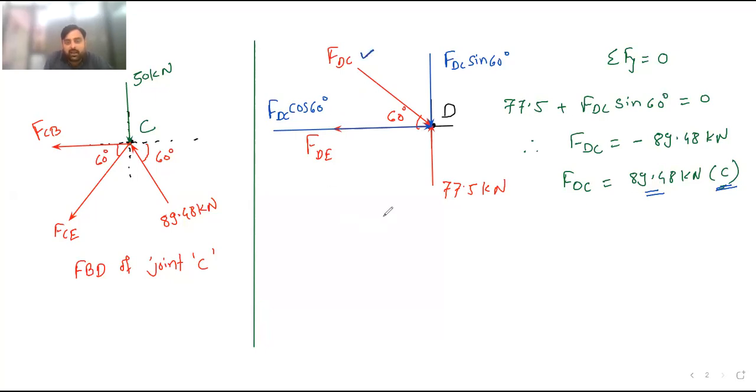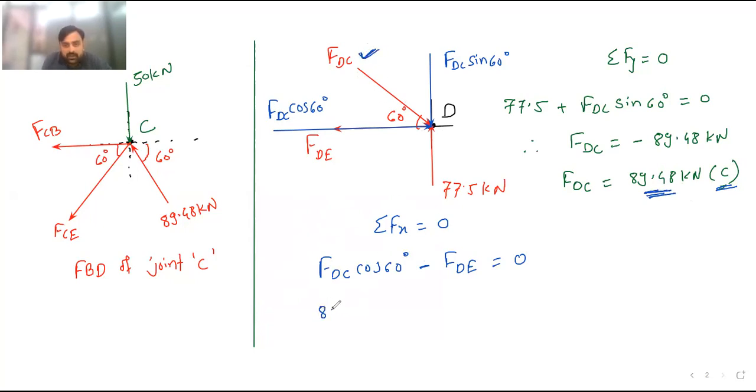Okay, and now I can use this value because of this compression, I have changed the direction over here. And now if I use summation Fx equal to 0, बघा आता naturally तुम्हाला equation मिळून जाईल. What is the equation? You can see now FDC cos 60 is moving towards right. So it is FDC cos 60 degree minus FDE is equal to 0. Now what is the value of FDC cos 60? This is the value 89.48, compressive because already we have shown here compressive.